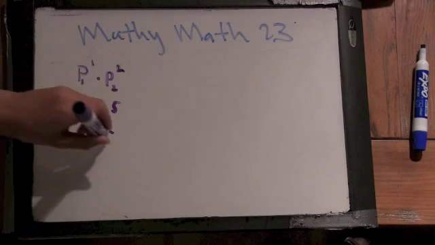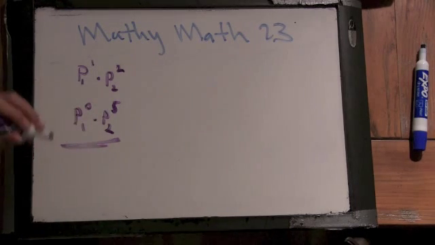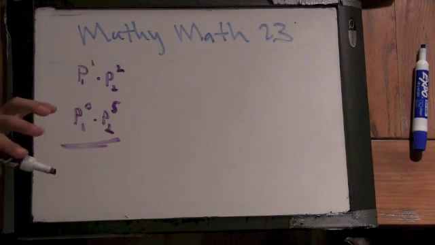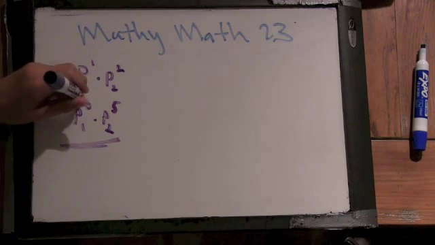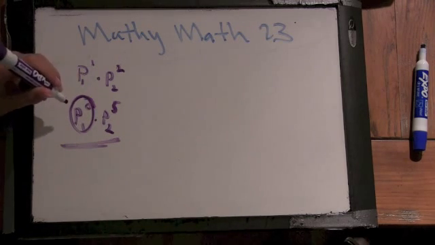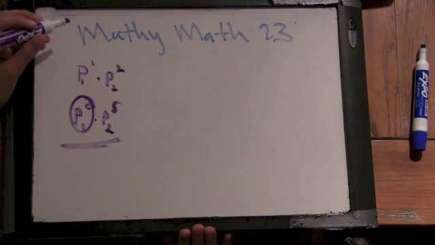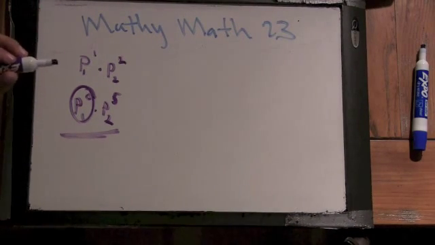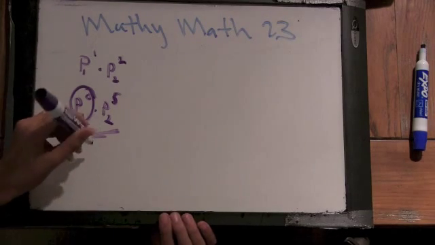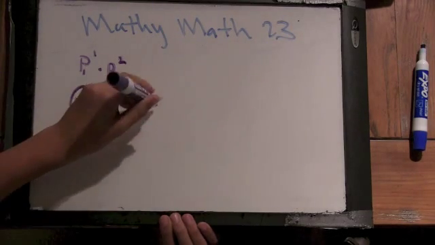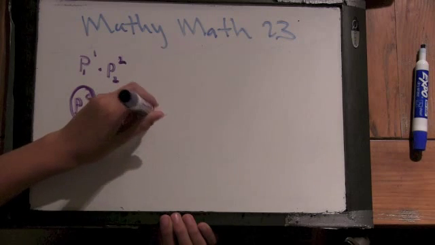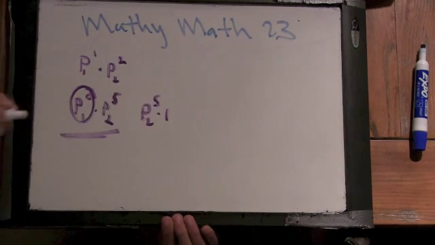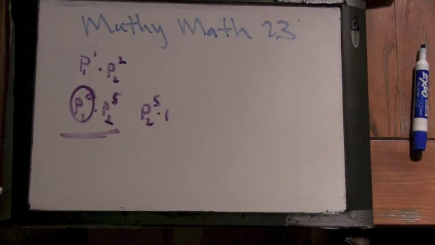But this second situation really doesn't make any sense, because you don't really include that in a prime factorization. So what would prime 1 to the 0 times prime 2 to the 5th really look like instead? It would look like prime 2 to the 5th, times 1.